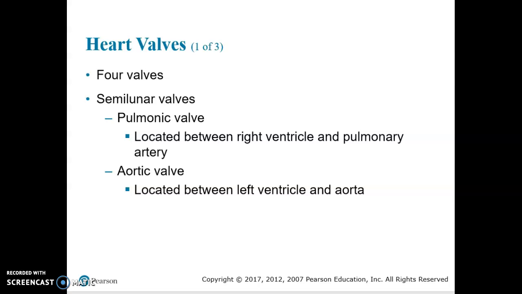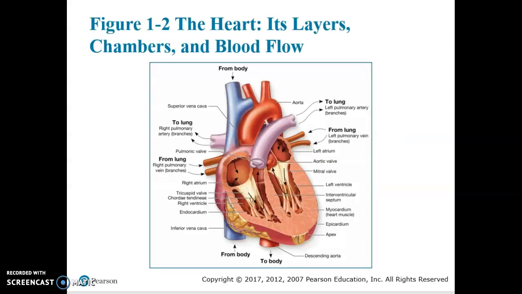And looking at this picture here, I want to show you guys, this is the aortic valve. It sits right here. And then the pulmonic valve, I don't know if you can really see it on this slide.